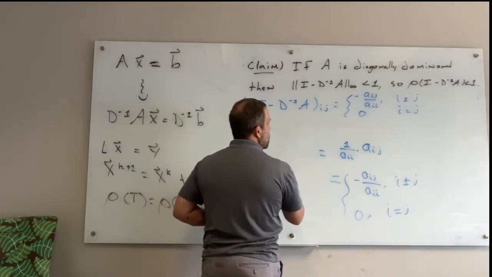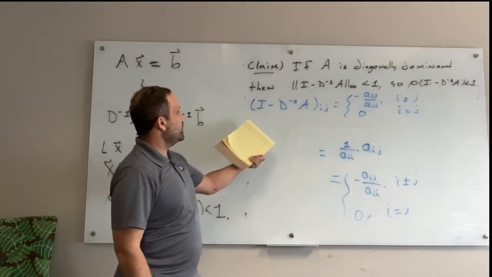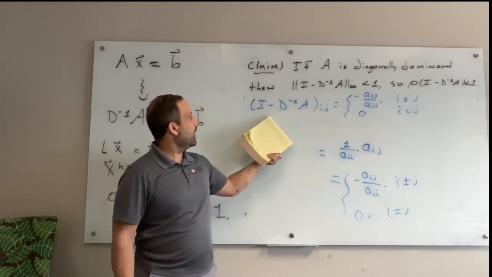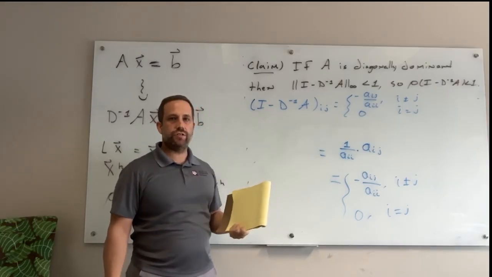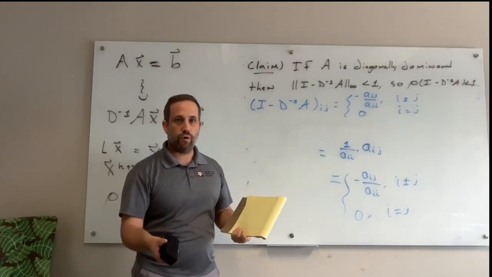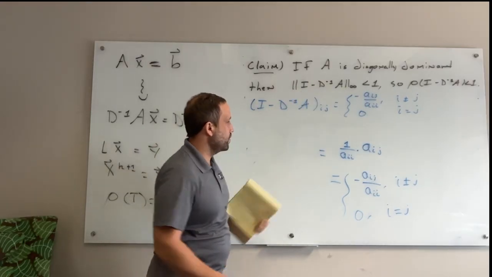So in other words, in the difference of these two matrices, the diagonal is going to be 0, and the off diagonal is given by this formula here.